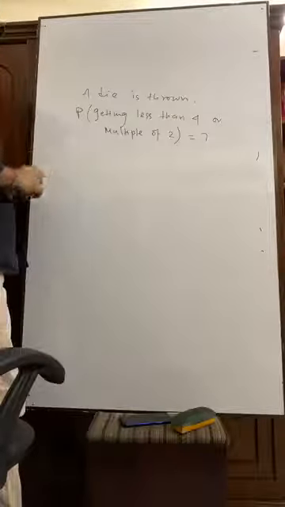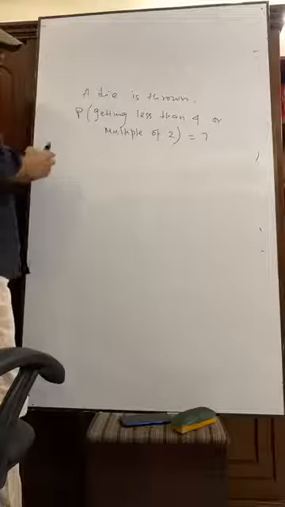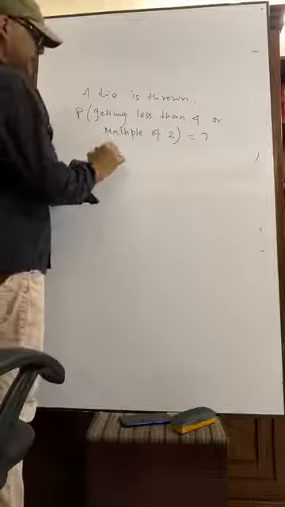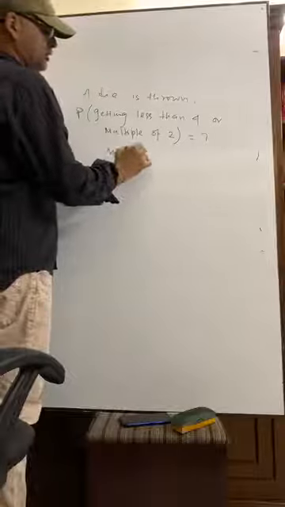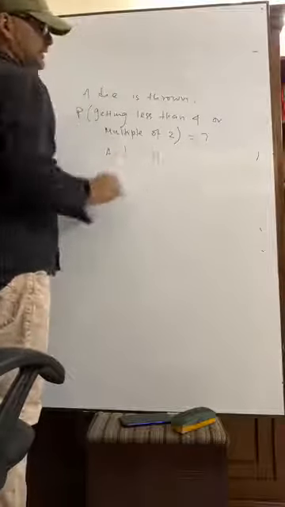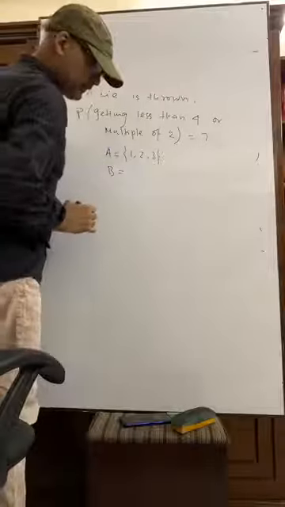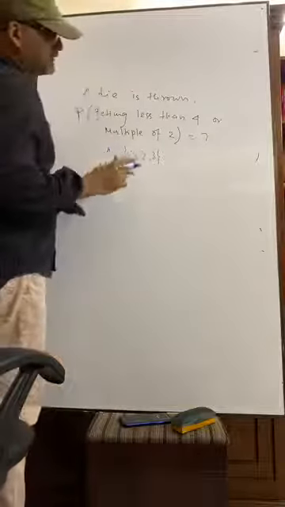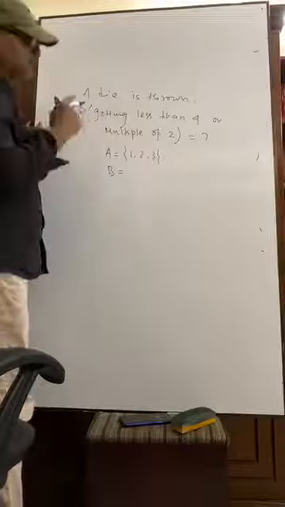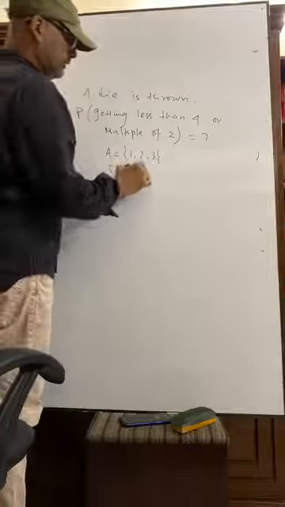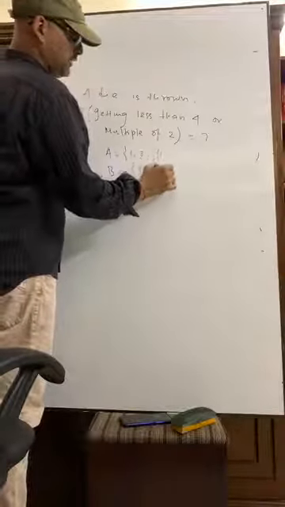So A is equal to less than 4, 1, 2, 3. Suppose B equals to multiple of 2. What are the multiples of 2? 2, 4, 6. Okay.